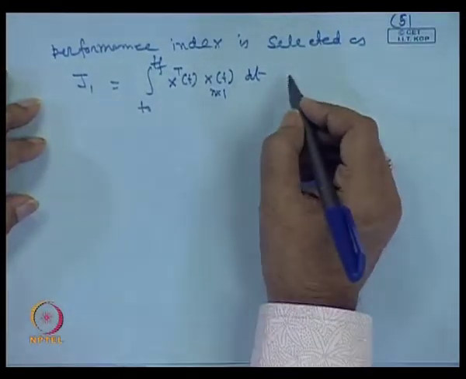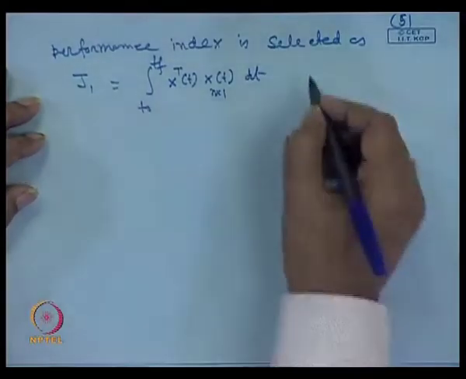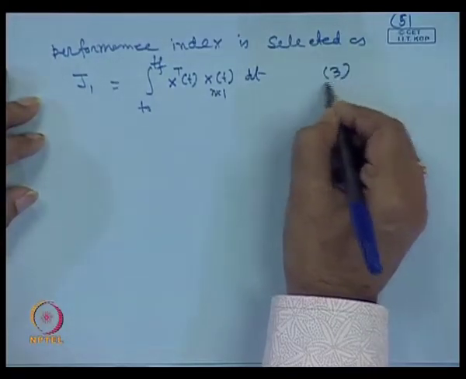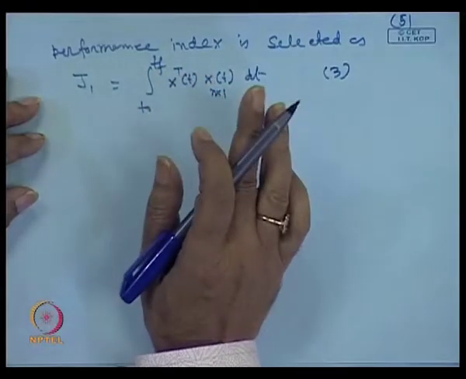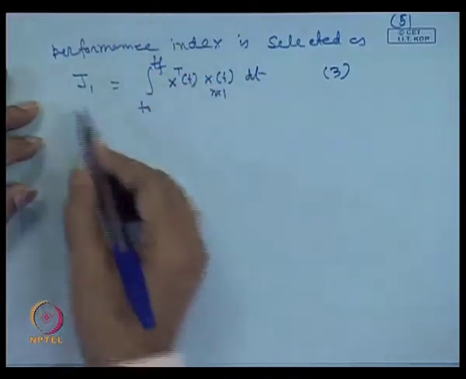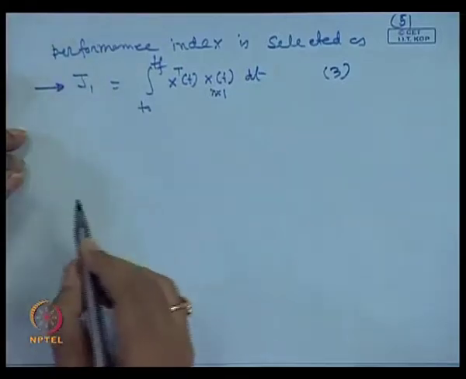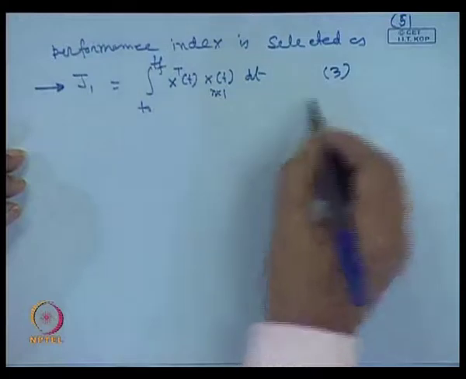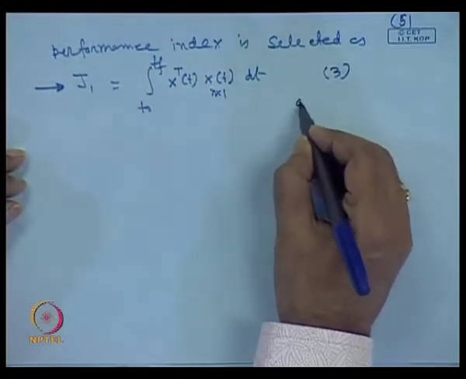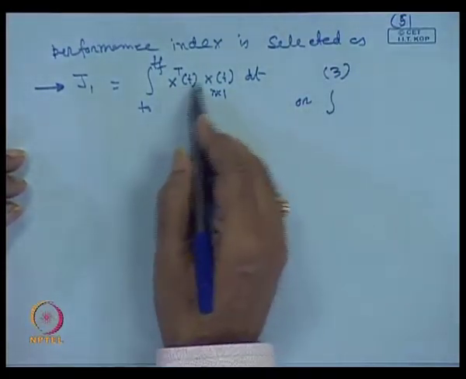So, this is one of our performance indices, if we want to make each component of the state variables small. Now, one can also write this by giving weightage on the state.